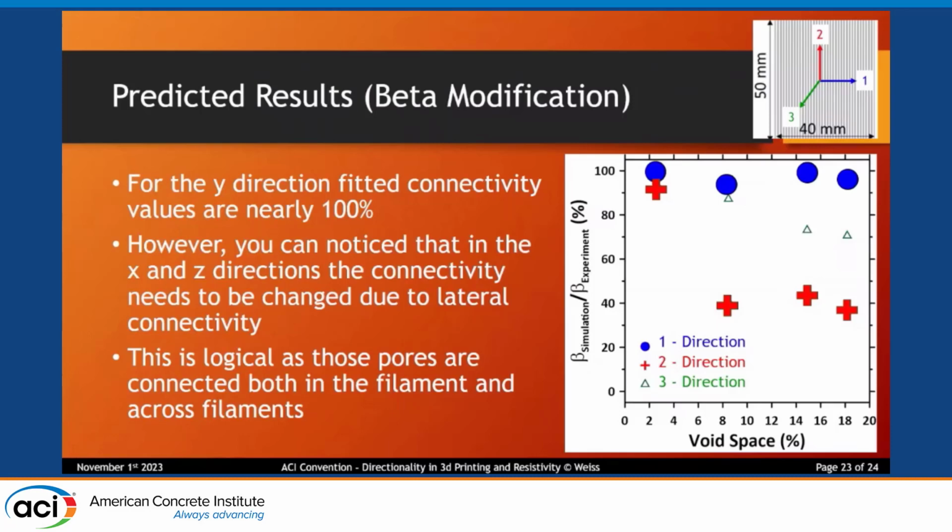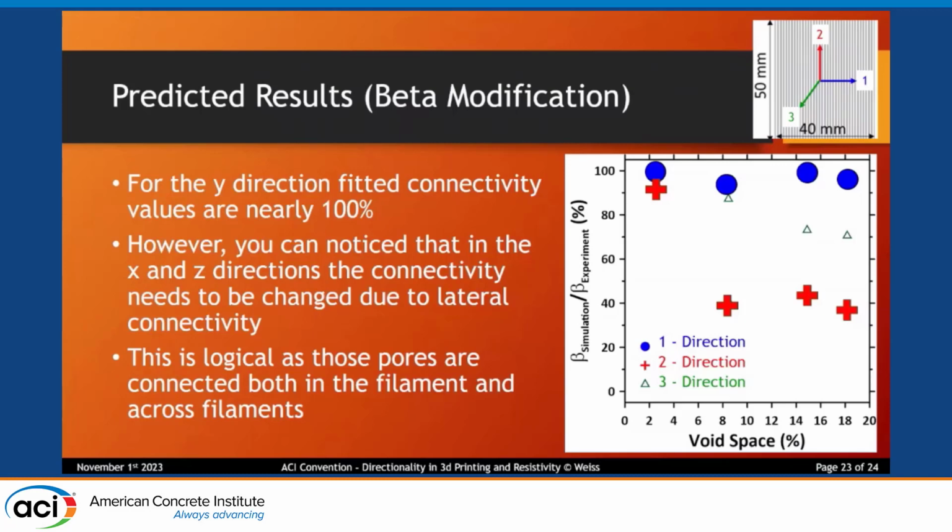So the simple workaround, at least for the beginning of how we deal with this out of plane version, is to change the connectivity factor, depending upon the orientation that we're looking at the sample. When we are going across the filaments, we can leave the connectivity factor as a value of 1, and simply use the connectivity that we would have from our sample.